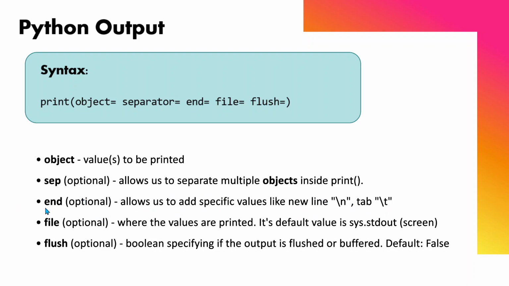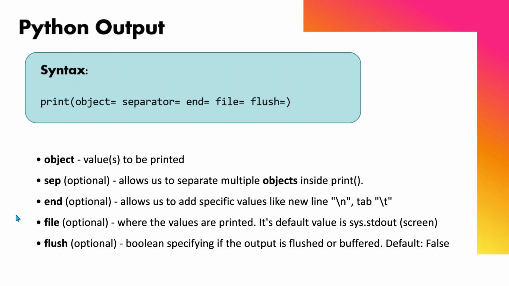Next we have file, which is where the values are printed. Its default value is sys.stdout, which is the screen console that we are actually using. Finally we have flush. If you want to buffer your output, you will use flush, a boolean specifying whether the output is flushed or buffered. By default the value is False.